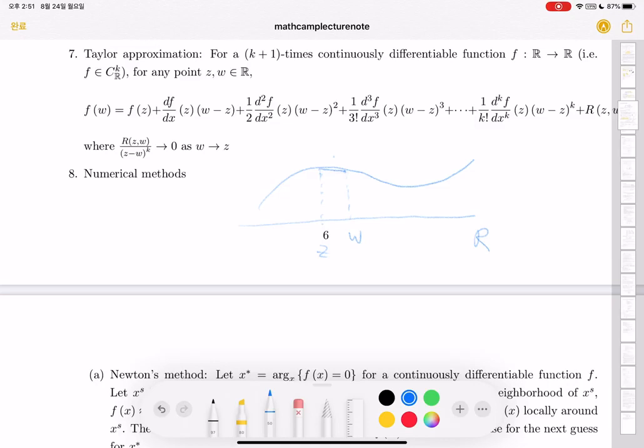this is not w, sorry, let me back up. Let's change the graph. Here's your real number, and here's your z, and here's your f.